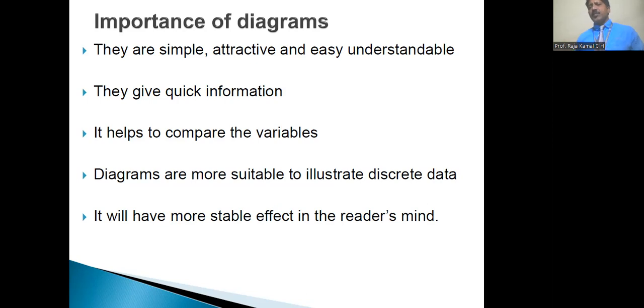Suppose I have drawn a diagram related to the cost of production, and I have again used bar diagrams. By seeing the bar diagram, if one bar is more in height and another bar is less in height, I can easily find out by comparing.